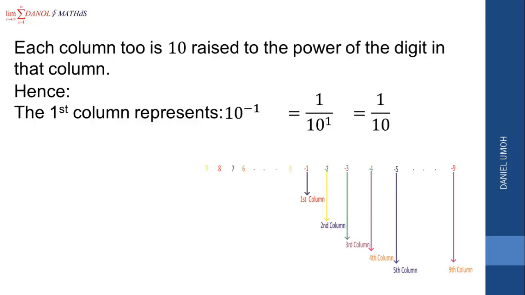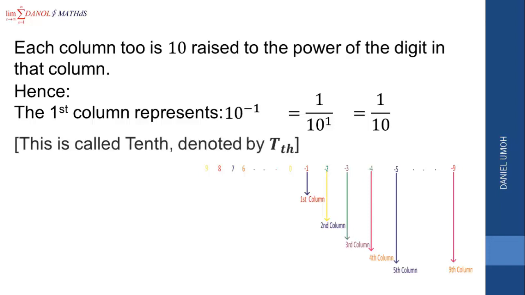We call for the reciprocal: the minus there means the 1 becomes the numerator, and we now have 10 raised to the power of 1 left. Of course, 1/10 raised to the power of 1 is equal to 1/10. So the first column represents 1/10, and this is usually called the tenth, denoted by capital T and then small th.